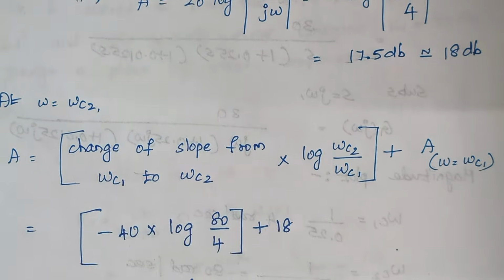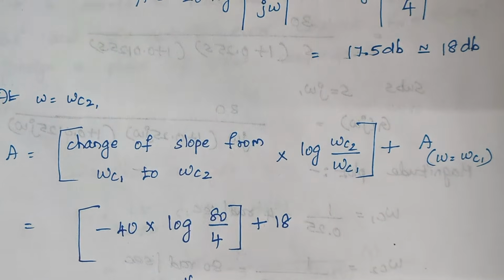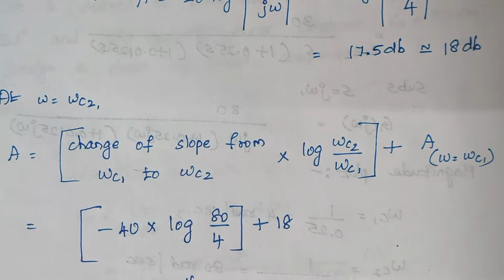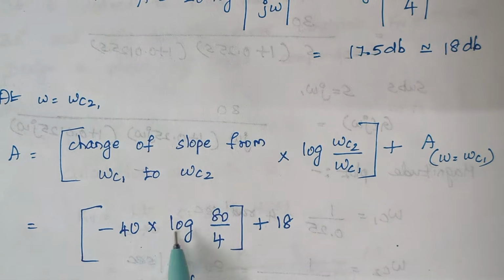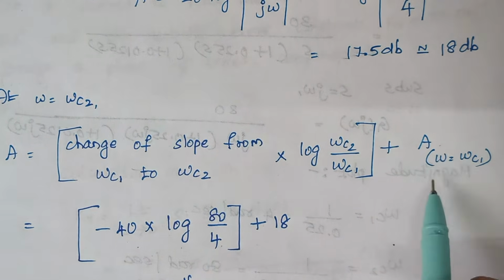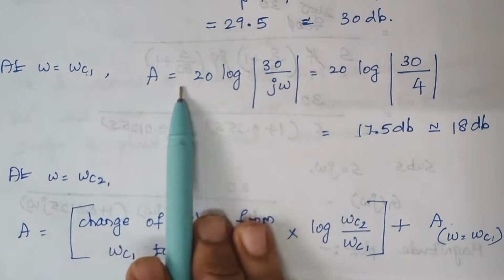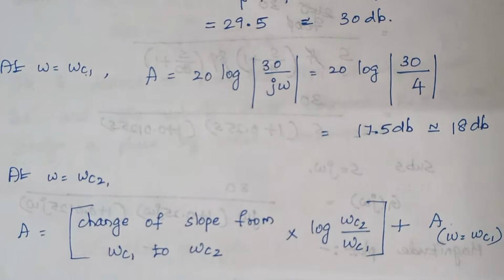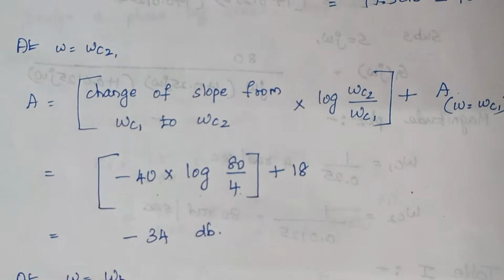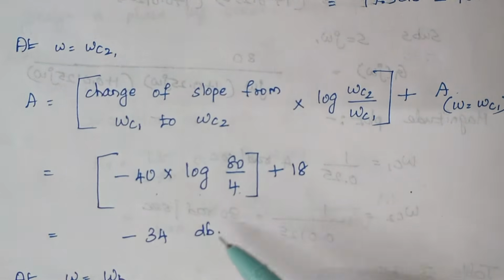The change of slope from omega C1 to omega C2, from the table, you can refer, is minus 40, into log of omega C2 by omega C1, plus the value of A when omega equals omega C1. At omega equal to omega C1, the value of A is 18 dB. So just substitute it and find out the answer, it is minus 34 dB.